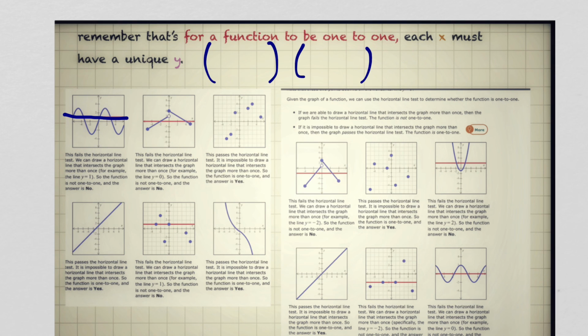But again, one-to-one functions are usually going to be like the line and the cube, and they're always going to be increasing or decreasing. That's one of the telltale signs of whether you could decide it's a one-to-one function. Okay, thank you.